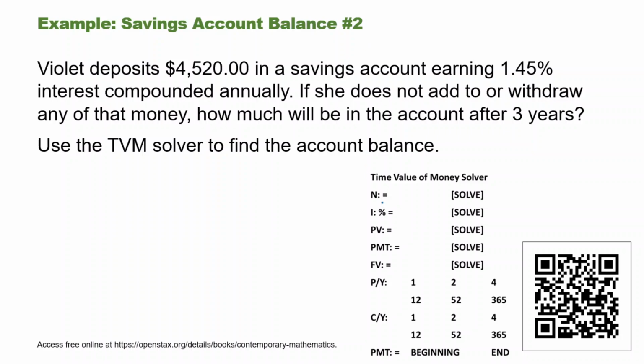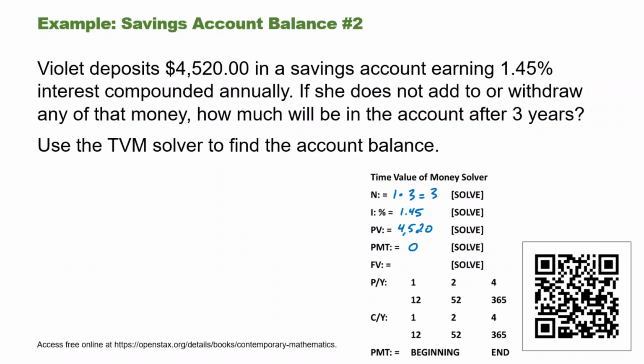So once again, capital N is equal to 1, because we're talking about annually, times 3, because we have annually for 3 years, that is equal to 3 compoundings total. I as a percent is 1.45. Present value is $4,520, the original initial deposit.